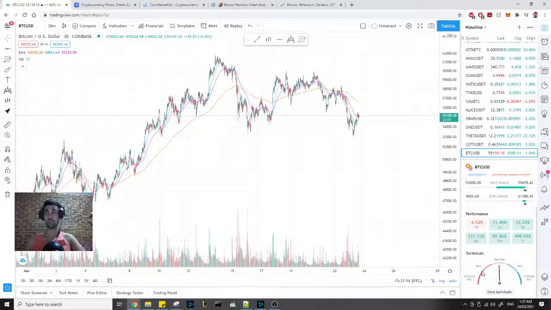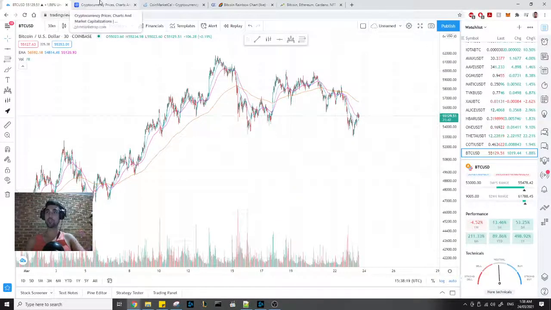I haven't used this one too much myself, but I find it quite interesting that they have this function within here, and I'm not too sure if anyone else actually uses it. It does give a recommendation of whether this coin is currently at a buy, strong buy, sell, strong sell, or neutral position. So yeah, if anyone's used those before, please let me know in the comments below.